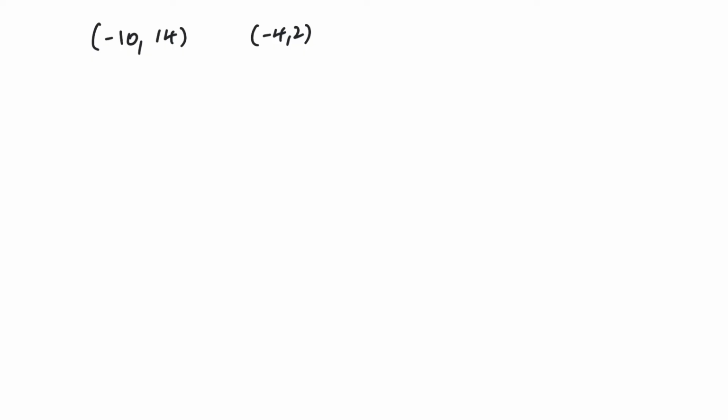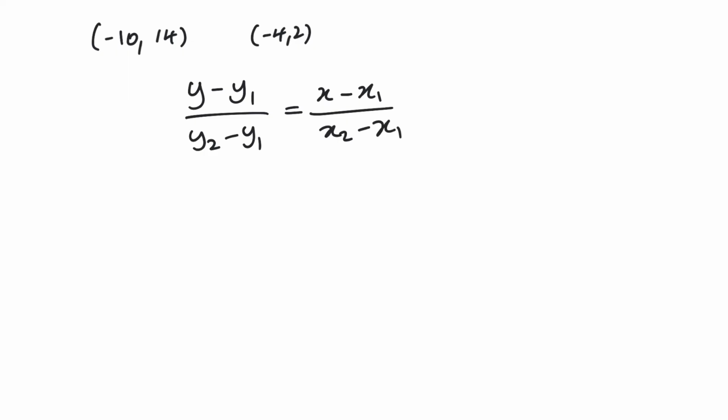So here's my coordinates for the second part of the graph, and for this one I'm just going to use a slightly different method just to give you more options. So rather than work out the gradient first and then calculate the equation of that line, I'm just going to do it in one go. So y minus y1 over y2 minus y1 equals x minus x1 over x2 minus x1.